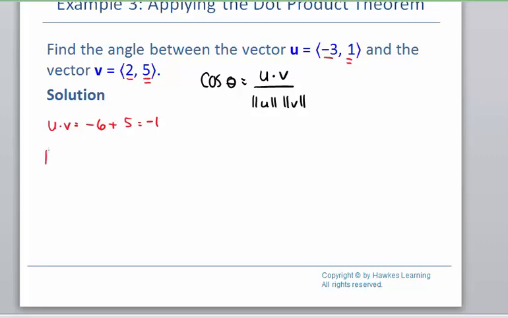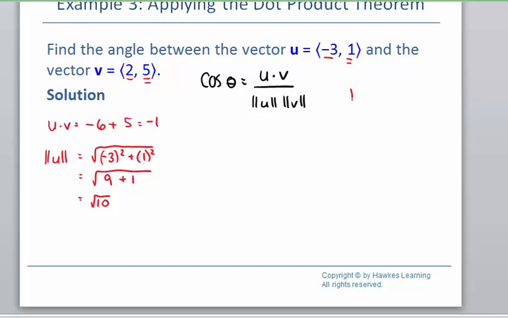I'm also going to need to find the magnitude of vector u. Remember, the magnitude is found by taking your first component and squaring it, added to the second component squared, and then taking the square root. So -3 squared is going to be 9. 1 squared will be 1. And so the magnitude of vector u is going to be the square root of 10.